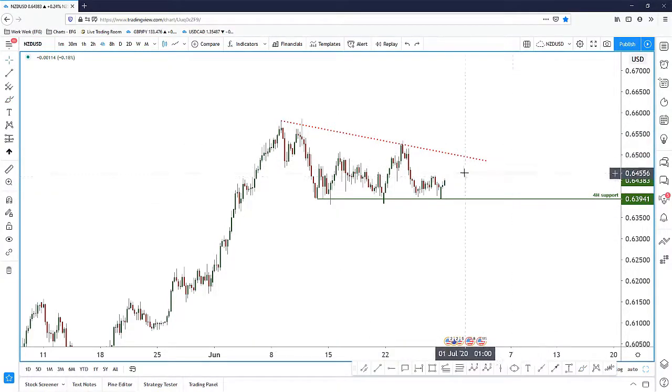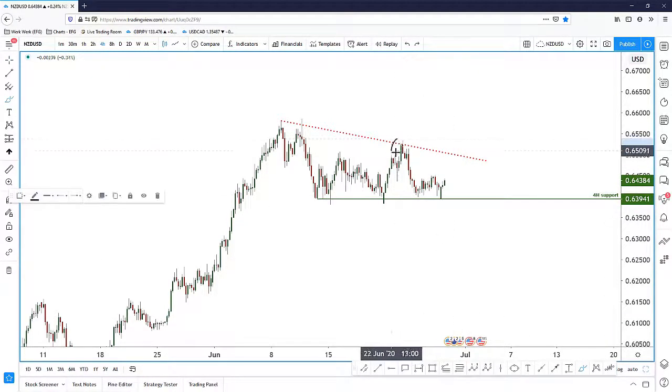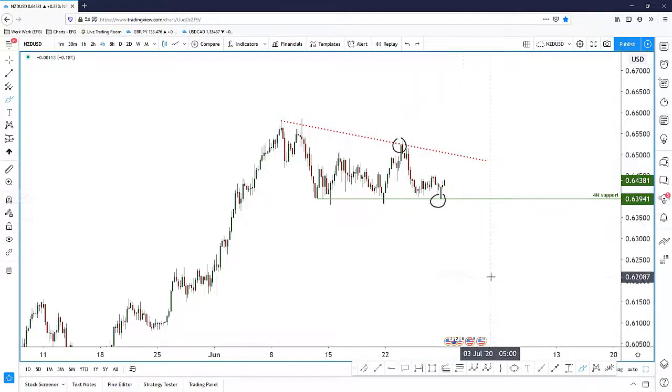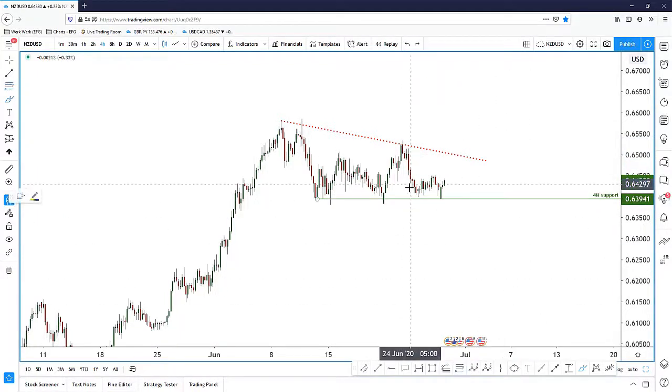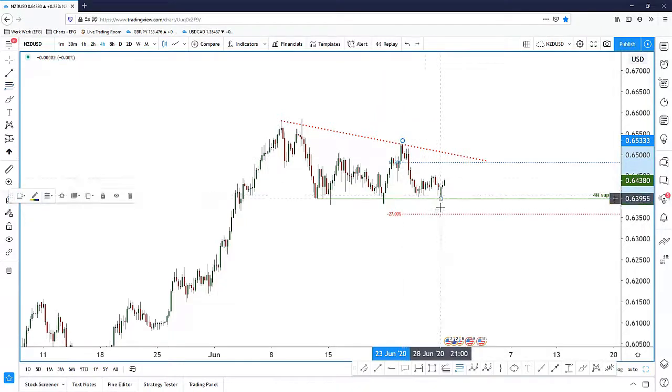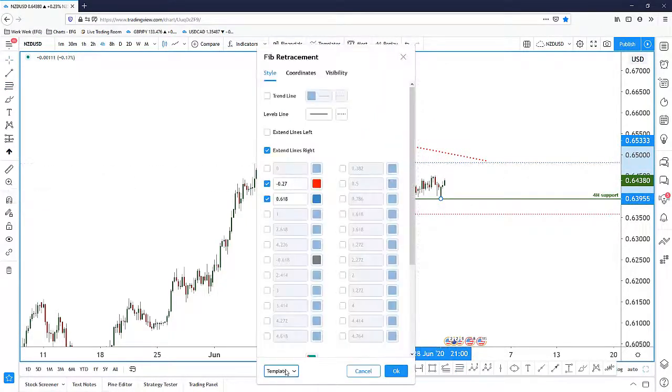So what I'm thinking price could do on the 4-hour is that price, already rejecting the support, could make a push up at least to the descending trend line resistance, right? And we see that price made a high here and a low here. We can use a retracement of this entire move from the high to the low, open all Fibonacci ratios.